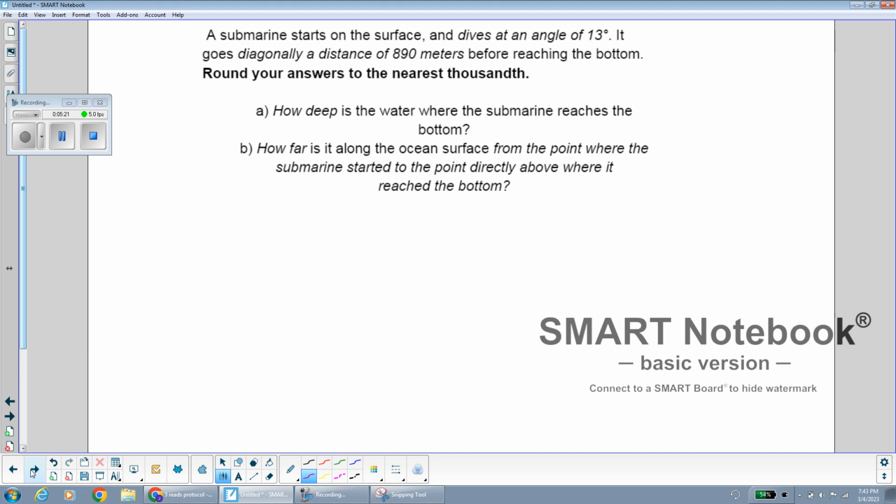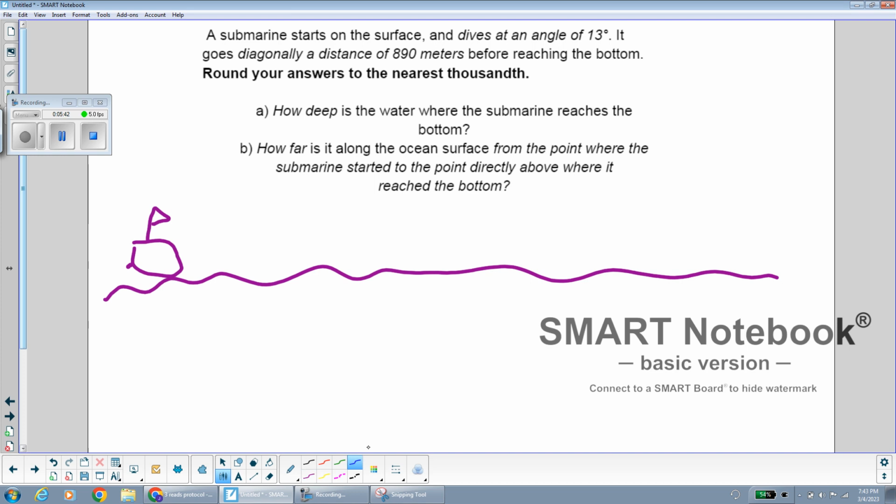Here we have another example, so feel free to pause the video to try it yourself. A submarine starts on the surface of the water and dives at an angle of 13 degrees. So here's my submarine, and it's on the surface of the water to begin with, and it's going down, diving at an angle of 13 degrees.